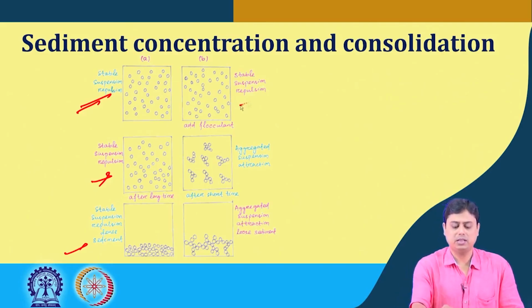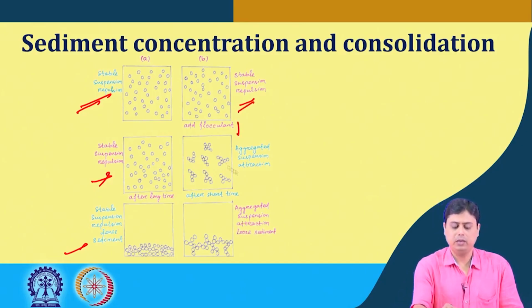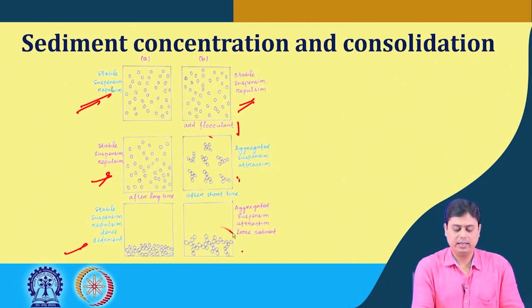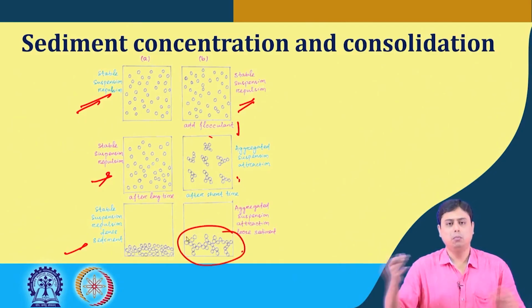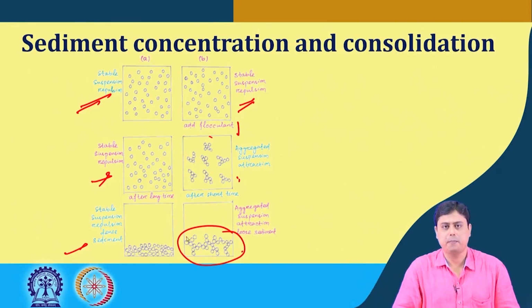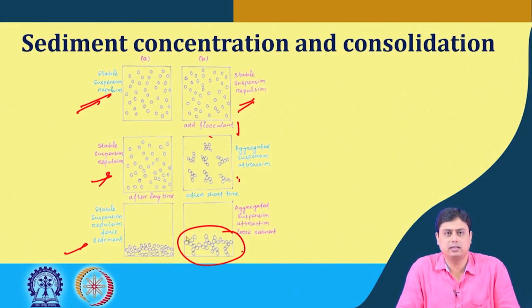In case of a suspension with repulsion, if we add flocculants, it would immediately create such aggregates, and after a shorter time we see the sediment with more voidage that entraps the liquid phase, so the moisture content is higher in this case.